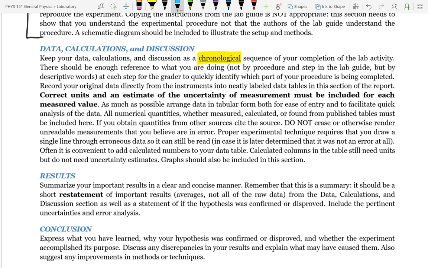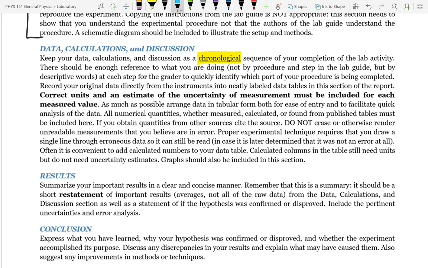Your data should always be in data tables unless it's only a one-time measurement. So for instance, today you're going to be measuring the diameter of a ball 5 times, I think it is. So you'll make a table, and I'll show you how to make that data table when we get there. But you want to make it a table so it's easy for you to look at the numbers and scan them, see if they make sense. Easy for the grader to find them and look at them.